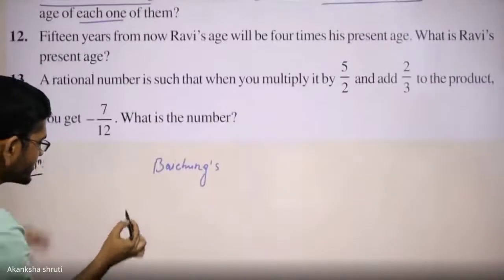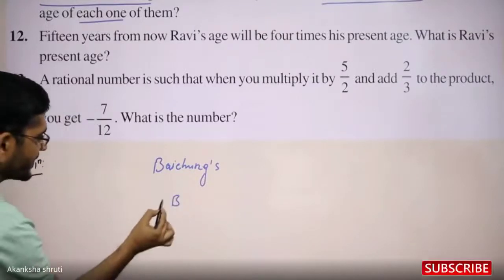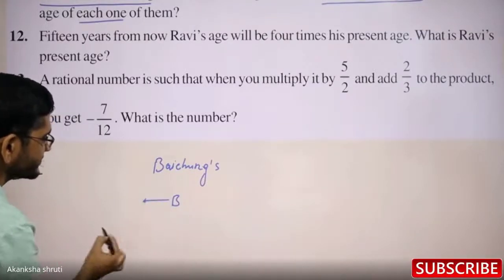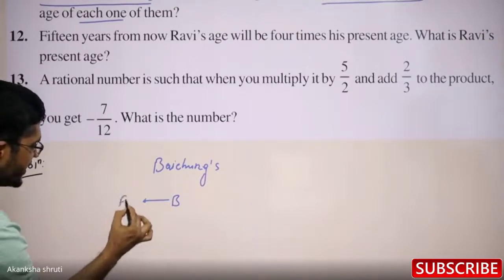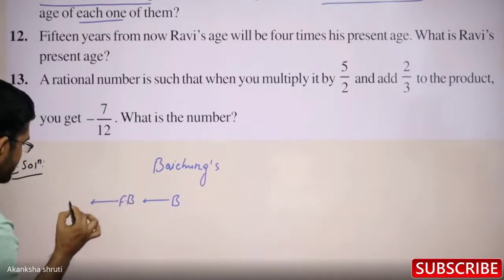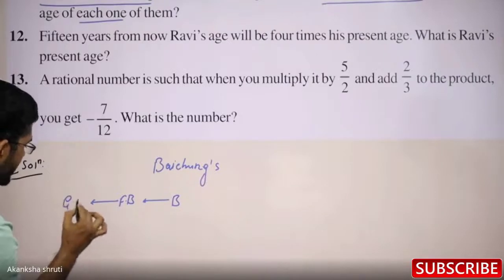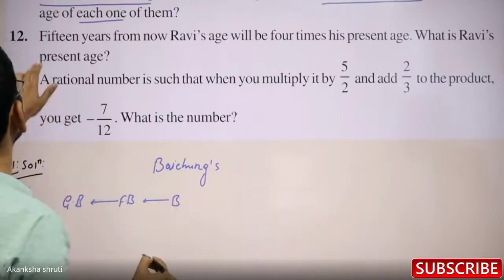So let me just denote this Bechung as B. Then the older to this Bechung will be father of Bechung. Then even older there will be grandfather of Bechung. These are the three things about which this question is talking.